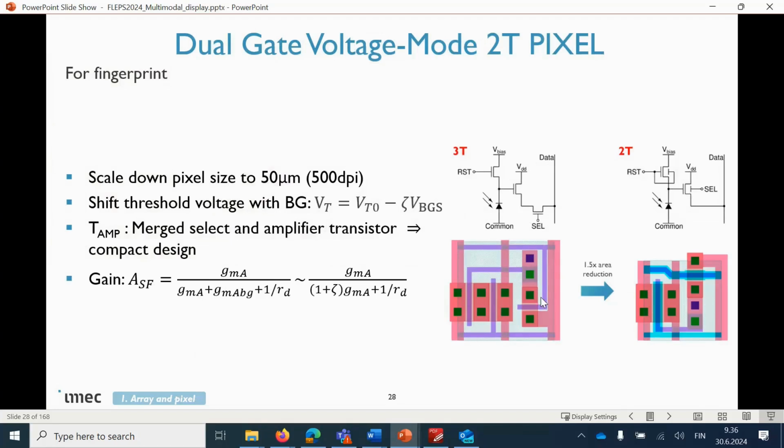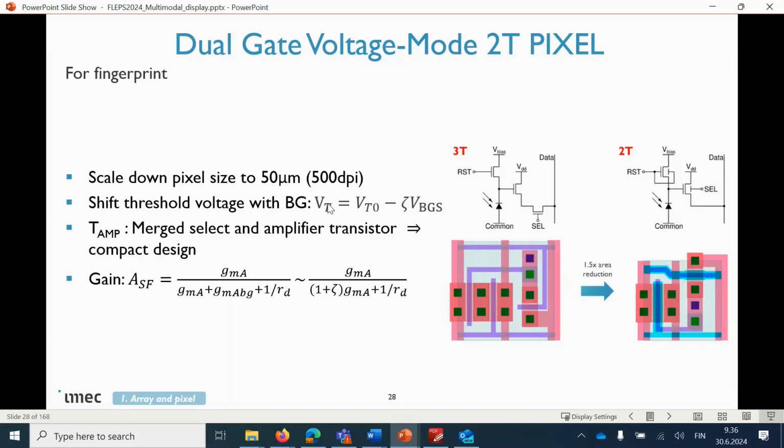You see the layout down here, to have a 50% reduction in order to get a 50 micron pixel with only 2 transistors. But now having also a backgate on the transistors, and especially this backgate of the amplifier is used to turn off this transistor and isolate the pixel from the data lines.